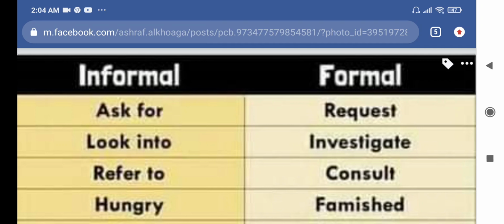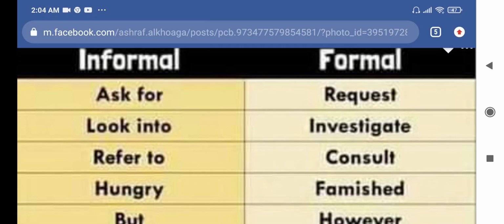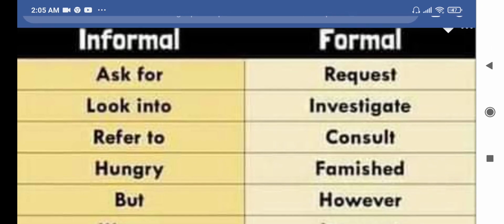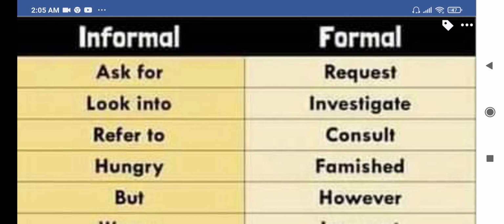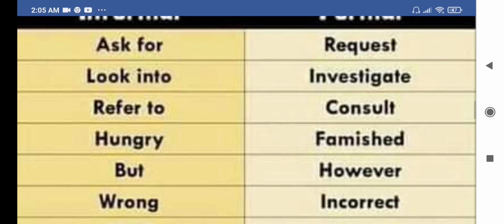She asked for some bread from her neighbors. The same thing you can use in a formal way, like saying she requested some bread from her neighbor. So I hope you have got the difference.